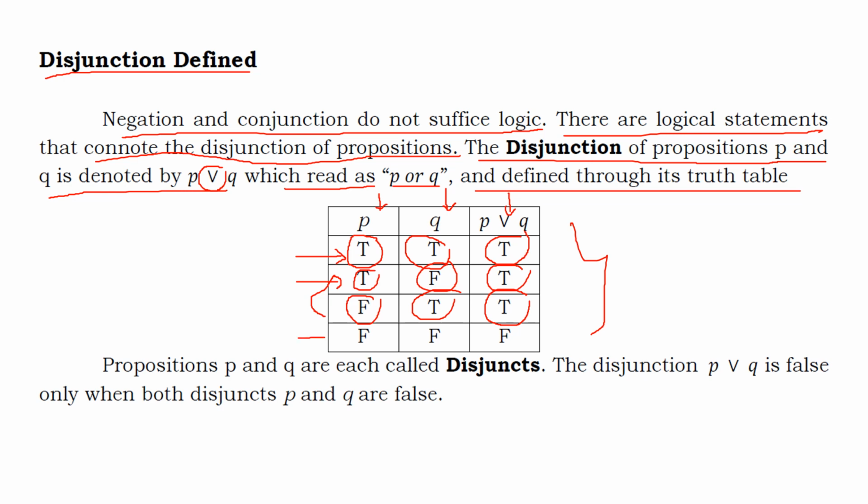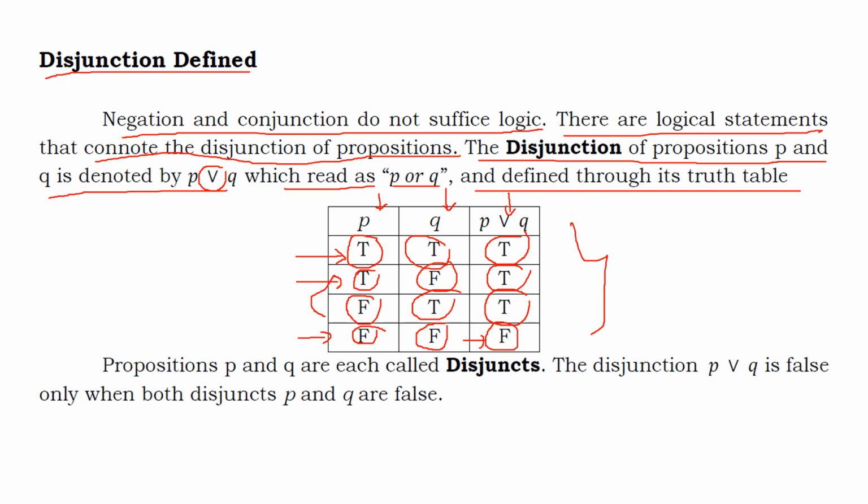But in the last part of this truth table for this disjunction, if the two truth values for your propositions P and Q are false, then it's automatic that the truth value for the disjunction of propositions P and Q is now false. As you can see, if this P proposition is false, and your Q proposition is false, it's automatic that the disjunction of propositions P and Q now is also false.